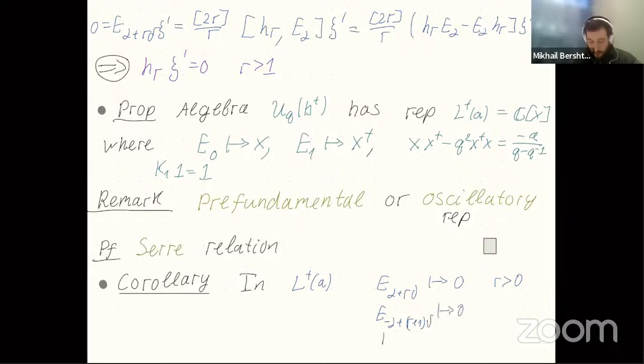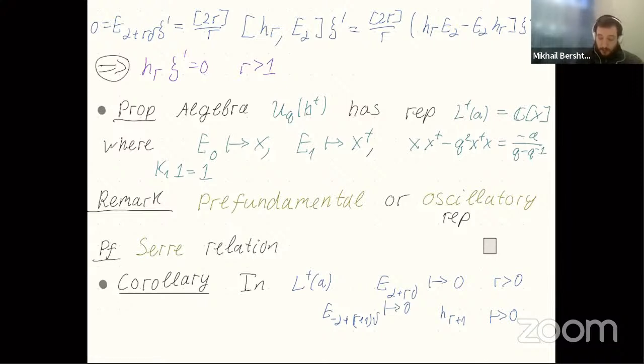And of course, similarly for H r plus 1. Indeed, all these elements are obtained by commuting E alpha and H1.